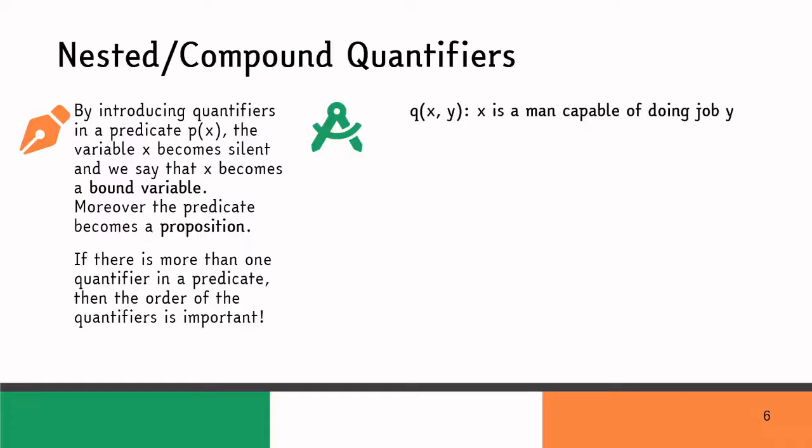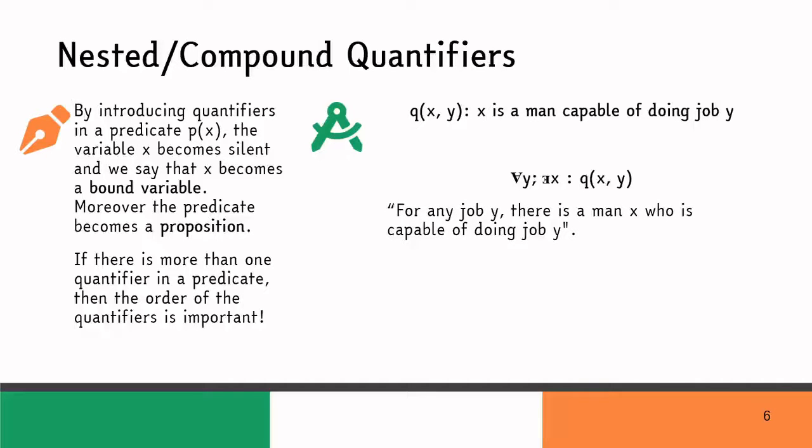Considering the predicate q of x, y, which represents the statement "x is a man capable of doing a job y." Let us now look at the quantified expression for the same. For all y, there exists x such that q of x, y. This statement is read as: for any job y, there exists a man who is capable of doing the job y.